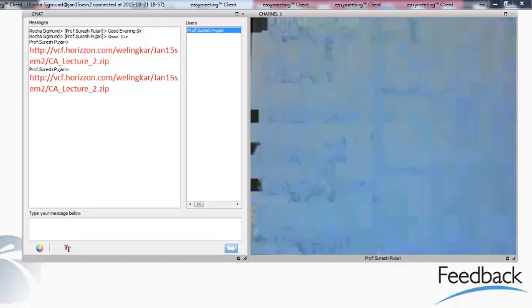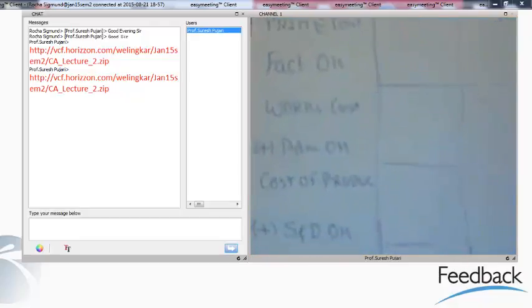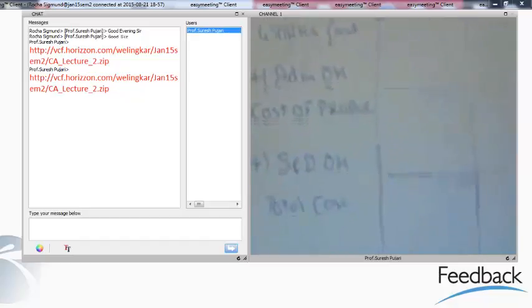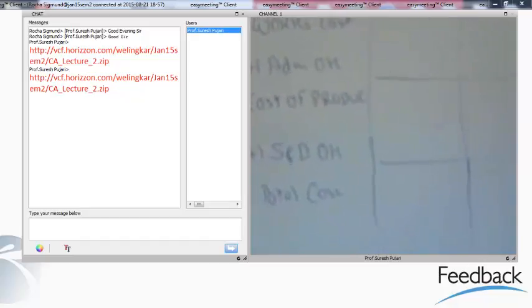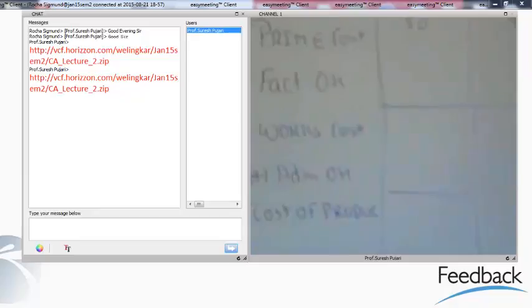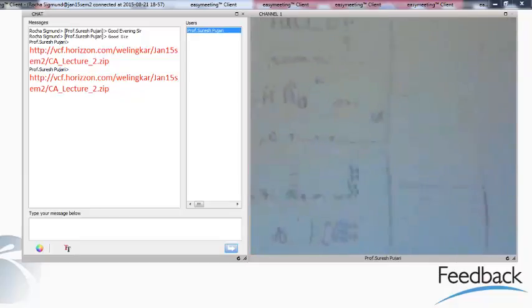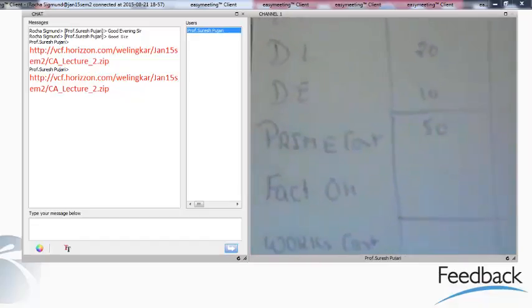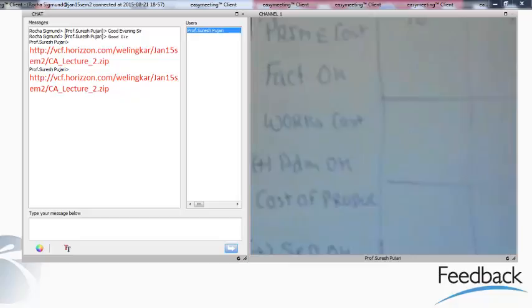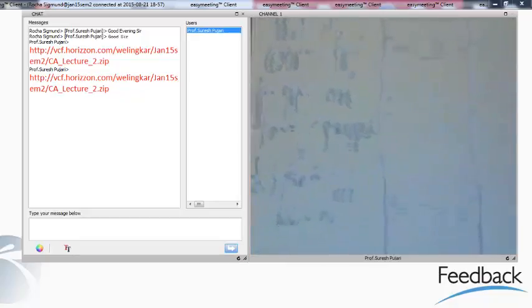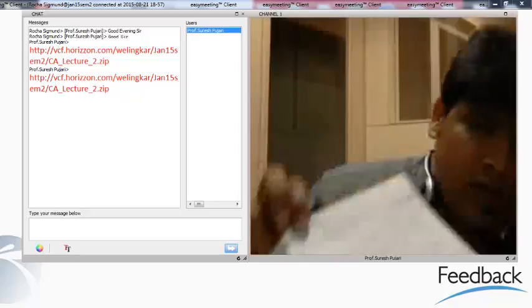I have written only 3: factory overheads, admin overheads, and selling and distribution overheads. Sanjeevani, did I write any 4th category in this cost structure? See, till prime cost it is over. After prime cost you add factory overheads, admin overheads, and then selling and distribution overheads.